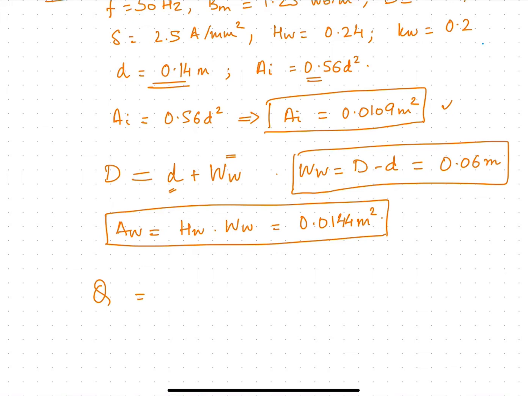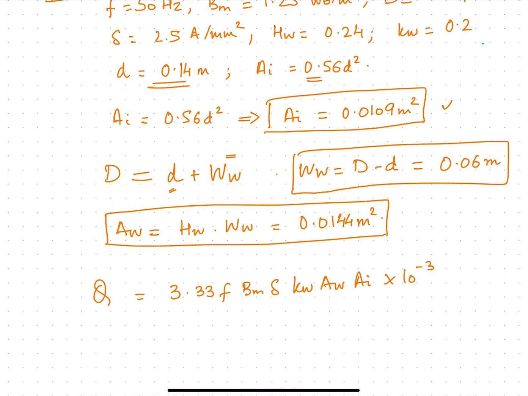So we know that the output equation, output kVA, is given by the expression 3.33 times f, BM, delta, kW, AW, AI into 10 to the power minus 3, right?